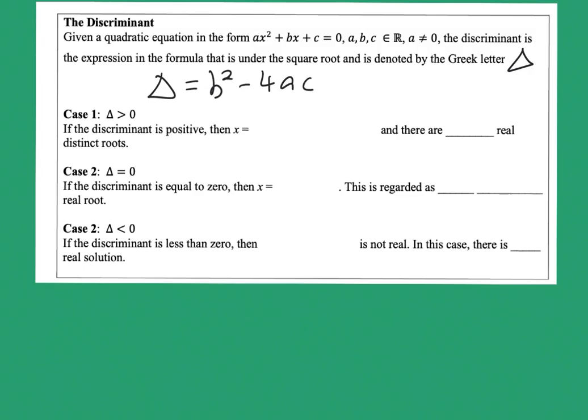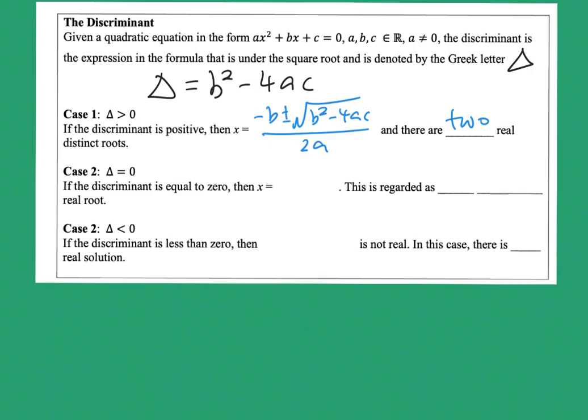So there are three cases here. In case 1, when your discriminant is positive, then we know that x is equal to -b plus or minus square root of b squared minus 4ac, over 2a, where there are two real distinct roots.